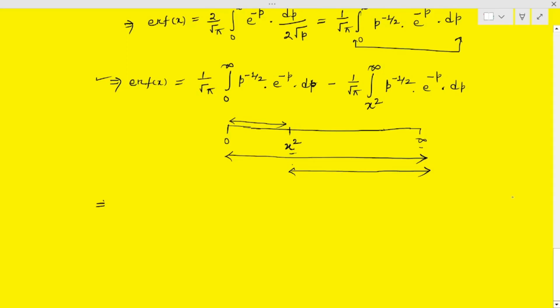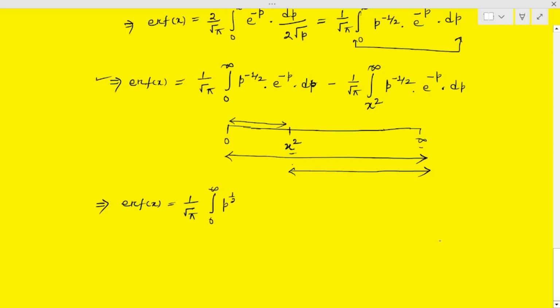So that implies error function of x will be equal to 1 by root pi. And this value is your gamma half. How is it? First here we have to write it, it will be better. Here 0 to infinite, p to the power, I can write what?